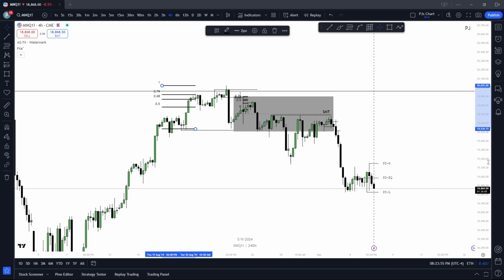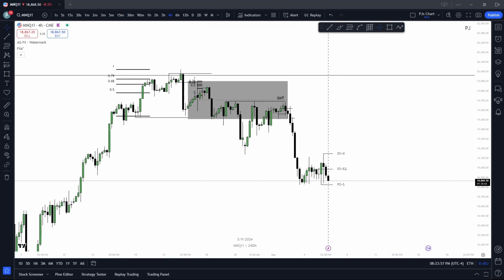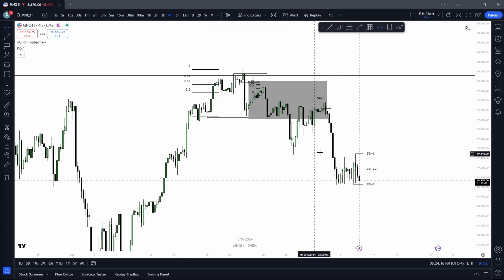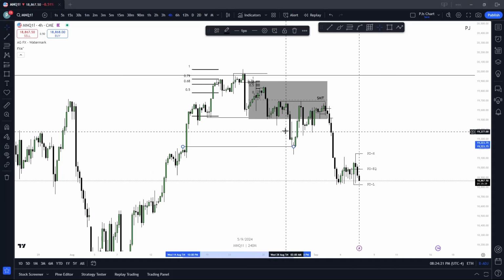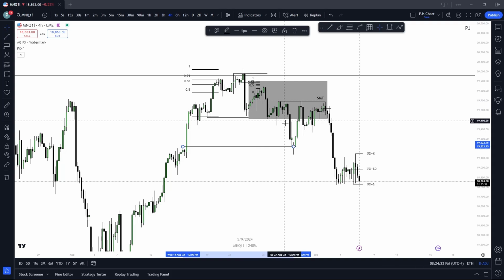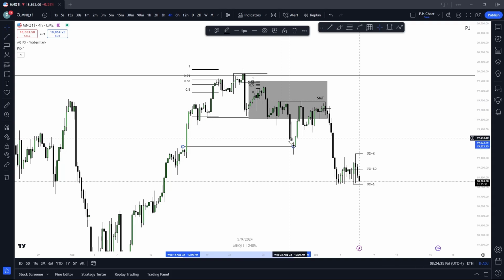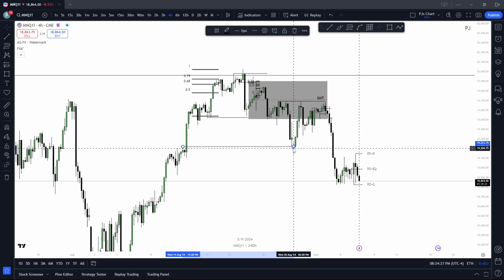It's also important to see what pushes us higher, when, where, and why after our accumulation, manipulation into a Wednesday reversal, midweek reversal. Or excuse me, actually, technically that's Thursday.